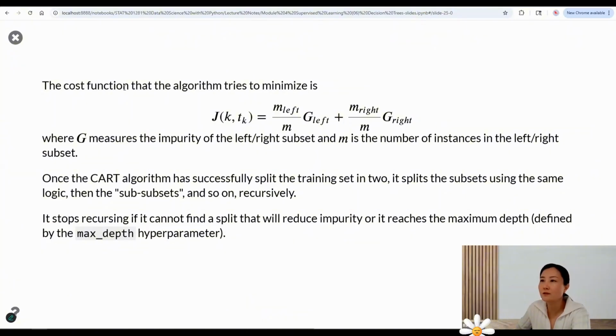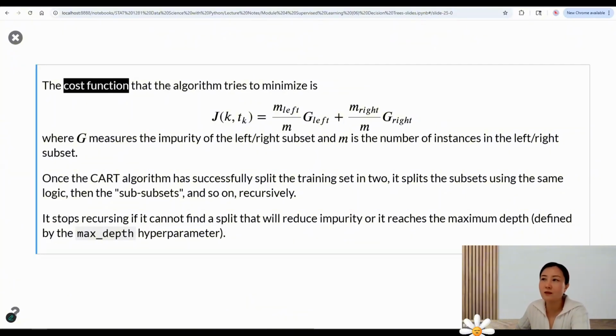The cost function, for decision tree, is just a measure of impurity, either Gini or entropy. It's a weighted average of the left node and right node, right? And the weights are count divided by the overall count, right? M left divided by M is the weight for the left node, and M right divided by M is the weight for the right node. And M is the count for each node.